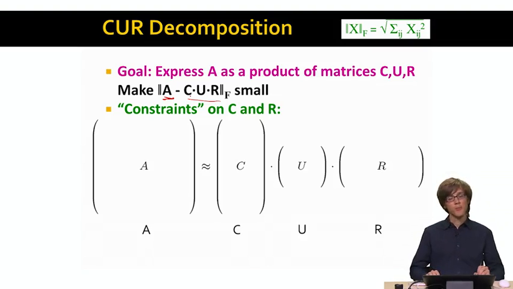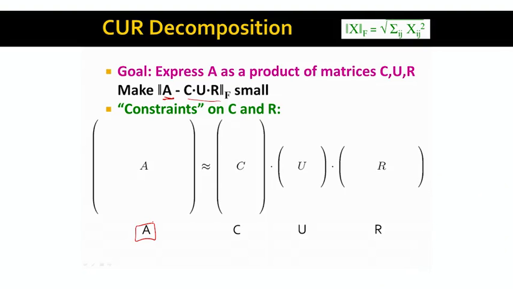And the way we will think about this is the following. We are given matrix A as an input. We want to express it as a product of three special matrices, C, U, and R. And as with singular value decomposition, we will put some constraints on the structure of matrices C and R. And the way we do these constraints is very interesting.